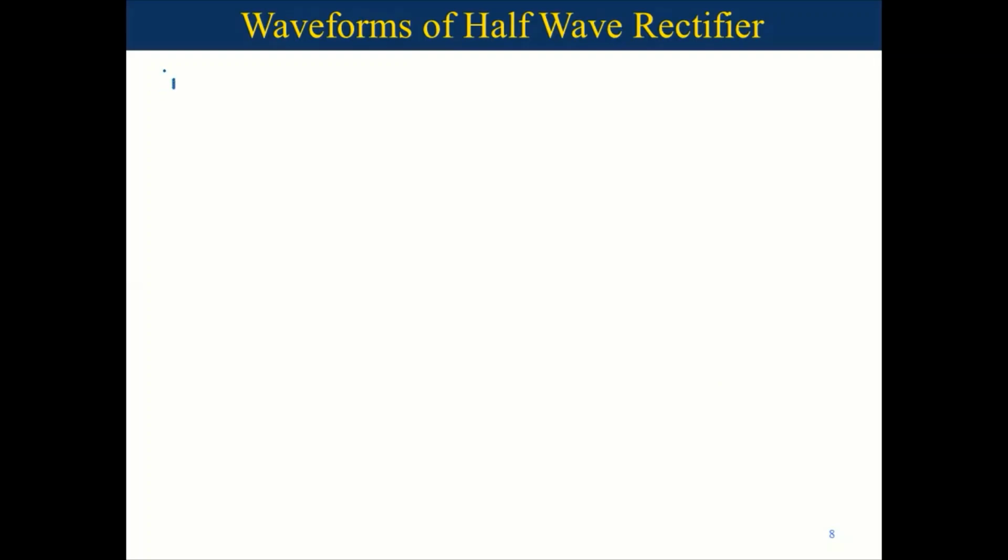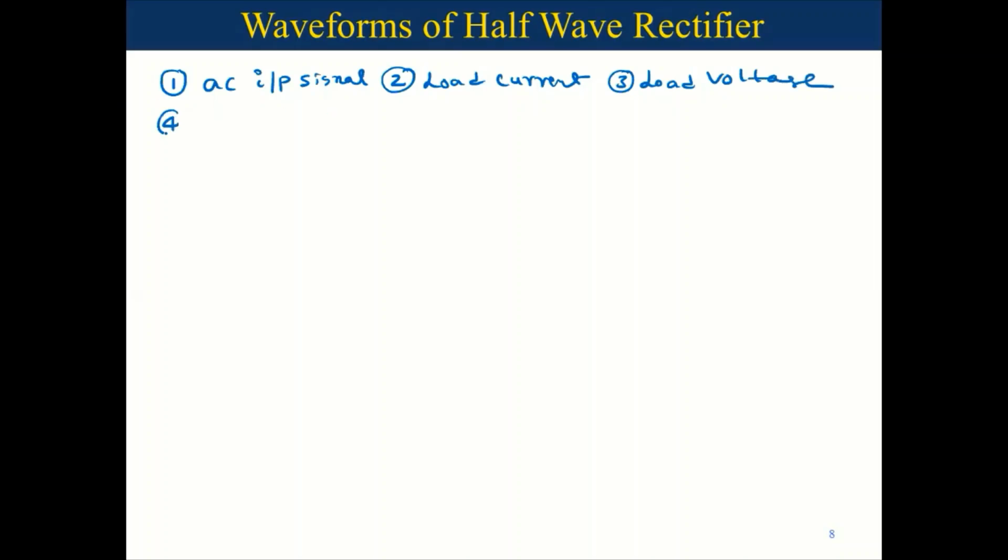The first one is the AC input signal, the second one is the load current, the third one is the load voltage, and the fourth one is the voltage across the diode.